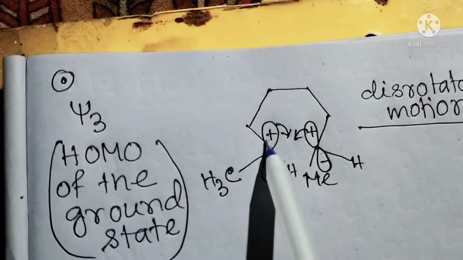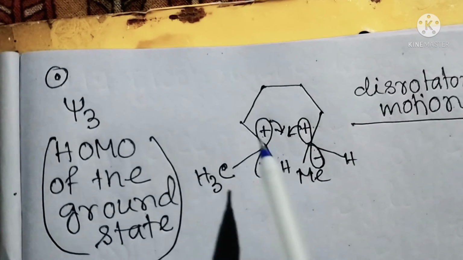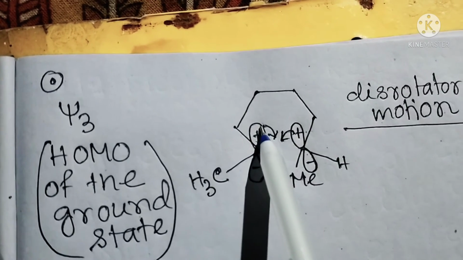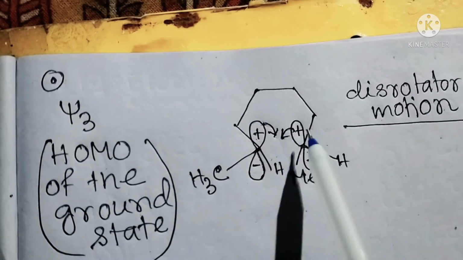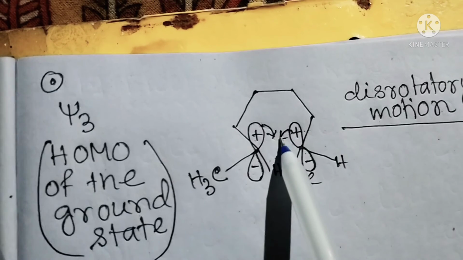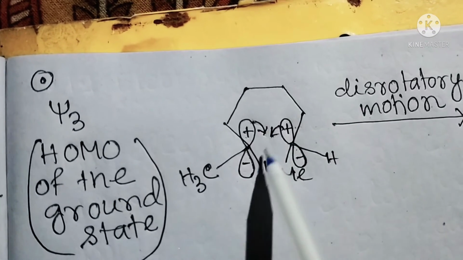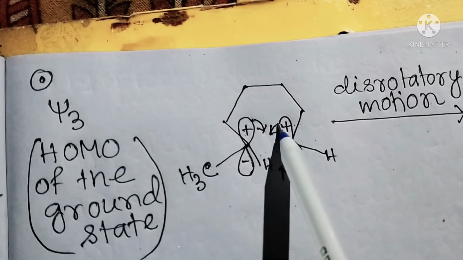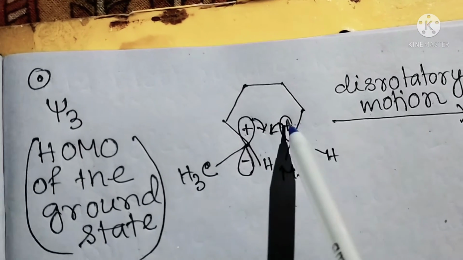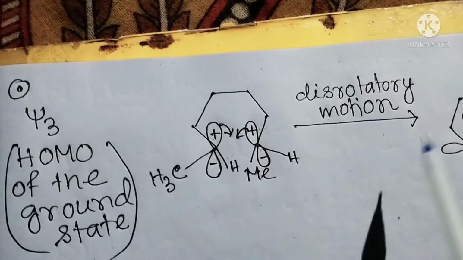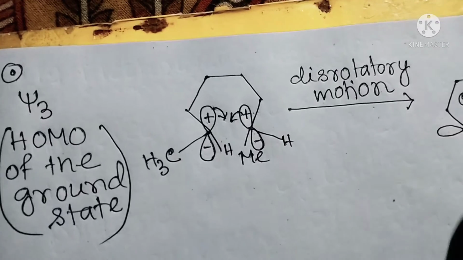These two are p orbitals. Now this p orbital rotates from here to here, and this p orbital rotates from here to here. So this p orbital rotates clockwise and this p orbital rotates anti-clockwise. So this is a disrotatory motion.